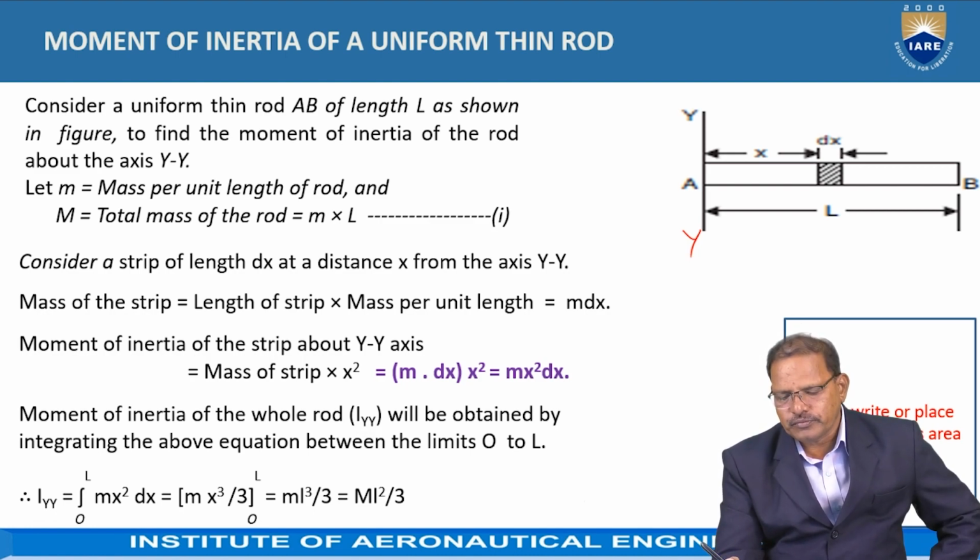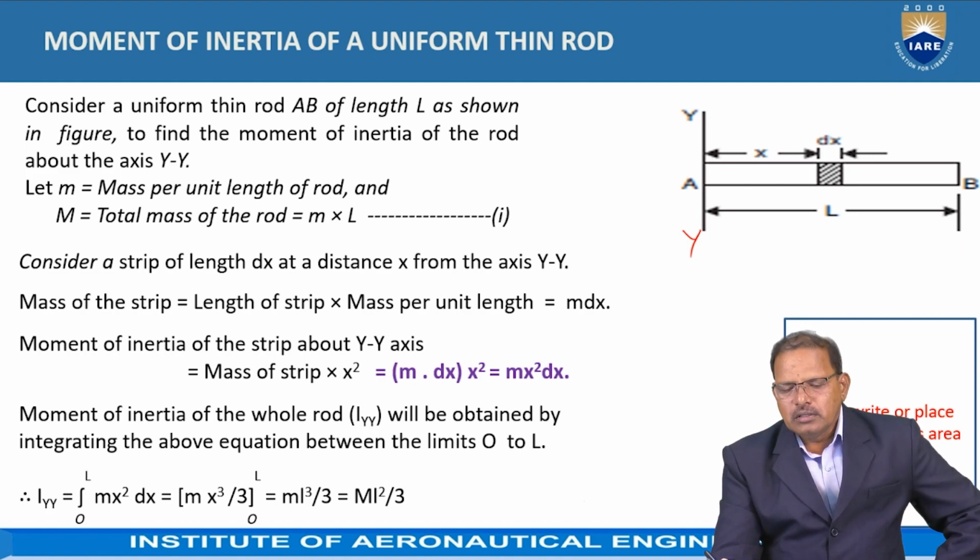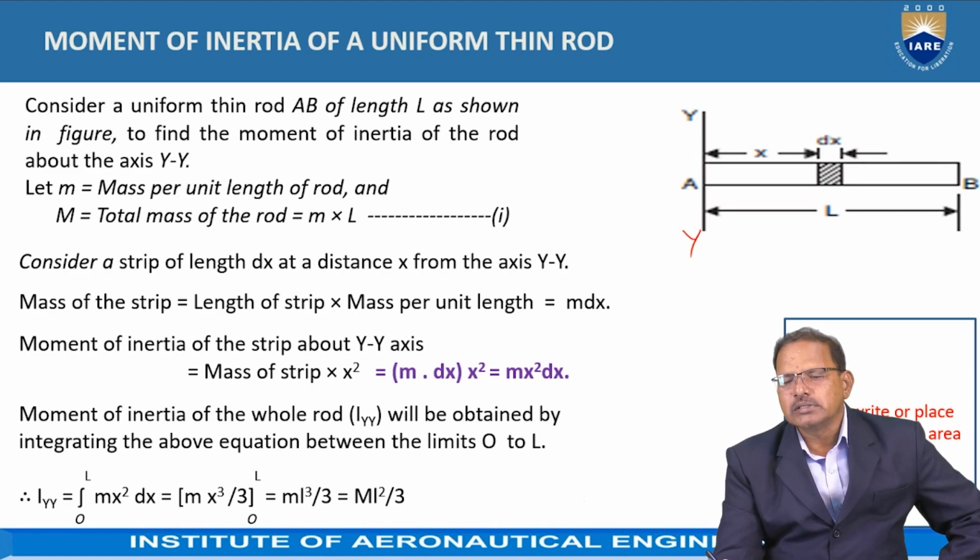Here we have to determine the moment of inertia of the uniform rod about the line YY. Now let us consider a small strip of length dx at a distance of x as shown in the figure.